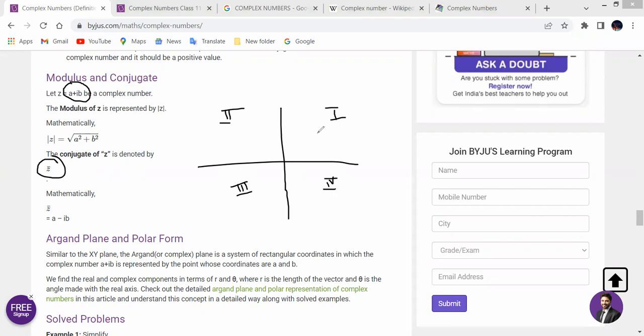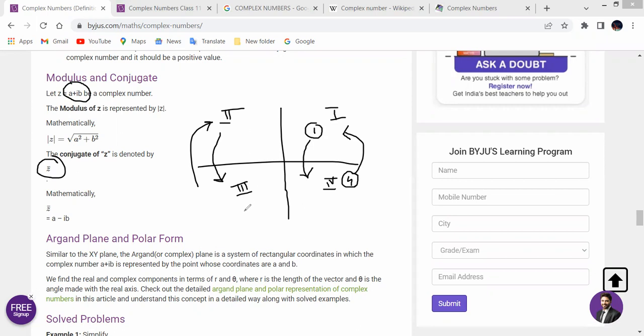If a point is in the first quadrant, then its conjugate will be in the fourth quadrant. Similarly, if a point is in the fourth quadrant, the conjugate of that number will be in the first quadrant. If a point is in the third quadrant, the conjugate will be in the second quadrant. If a number is in the second quadrant, the conjugate will be in the third quadrant.